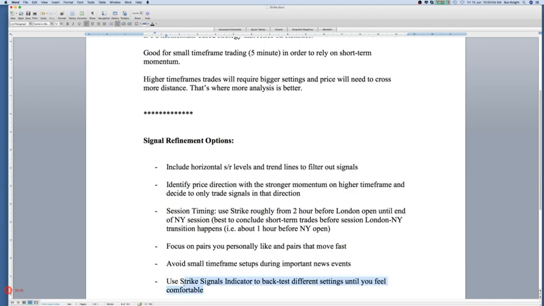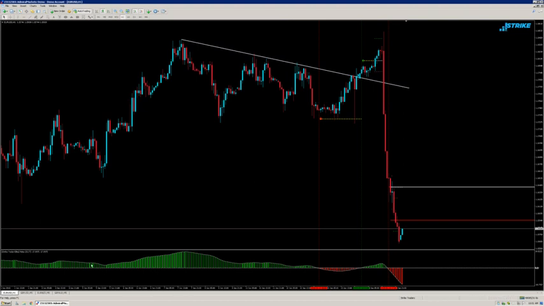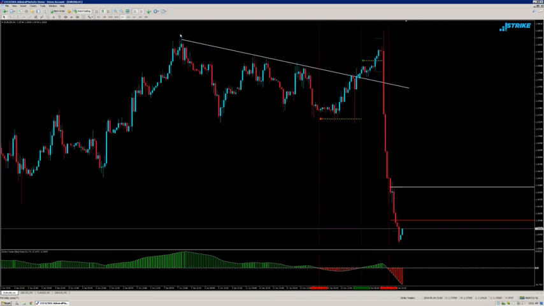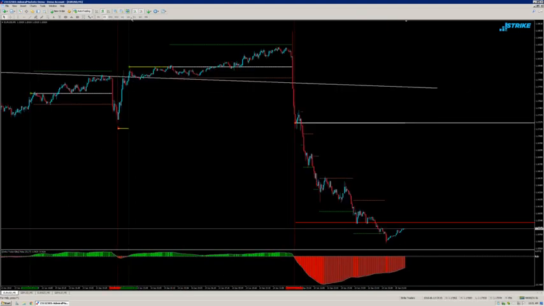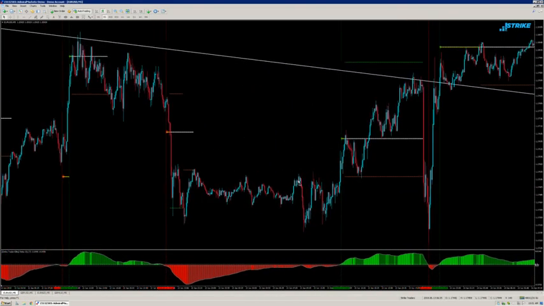And then here I just made a point saying use the strike signals indicator to backtest different settings until you feel comfortable yourself. So what I mean by that is, once you get the Strike Trader Elite signals indicator, which I've got already on my chart, which is showing me these previous signals. So that's what that signals indicator does.